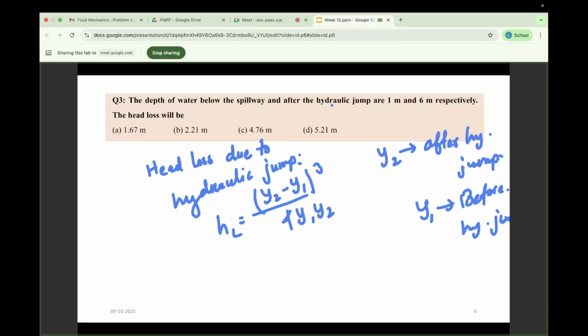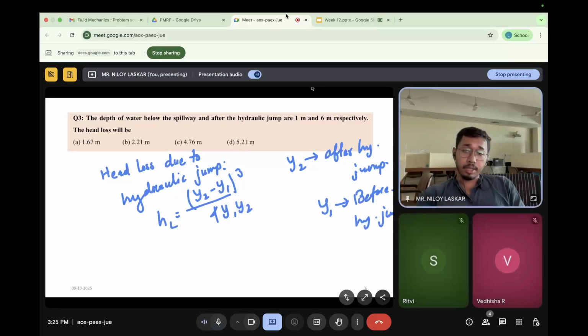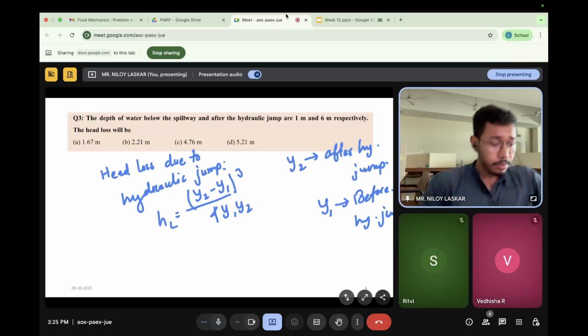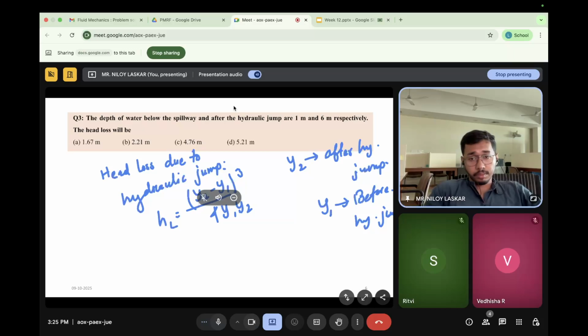So please place the values in this formula and tell me which will be the answer. Please put in the values and tell.